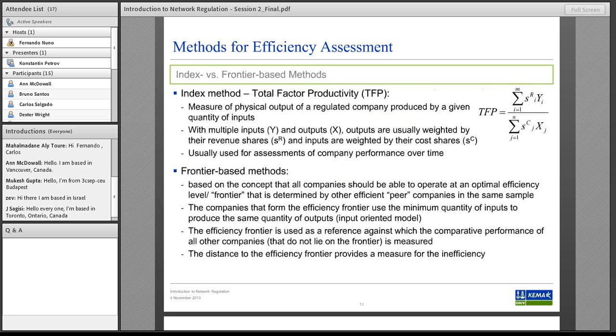Moving ahead now to a classification, I mentioned index models, and actually they are more or less based on the so-called total factor productivity. Sometimes you see here also, even within this group, partial ratios, so-called partial factor productivity.